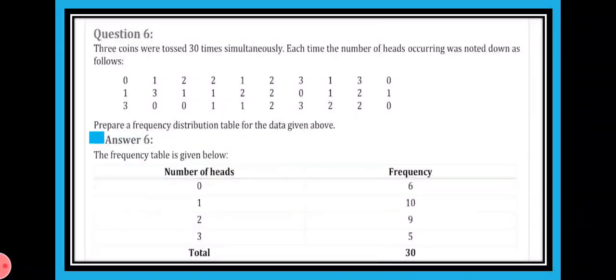Number of heads 1 comes 10 times, so the frequency is 10. Number of heads 2, the frequency is 9, and number of heads 3, the frequency is 5, that is a total of 30.